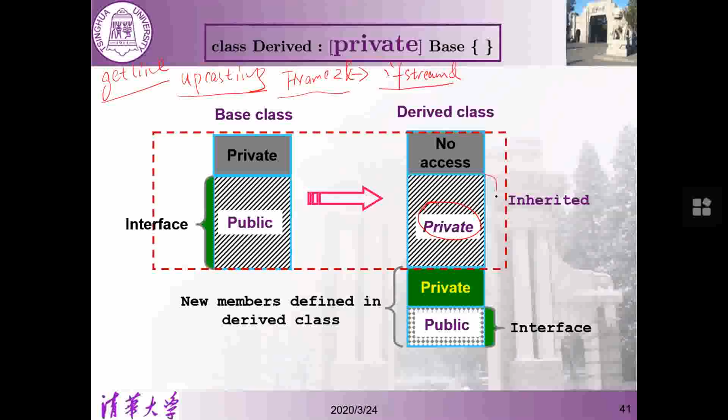So we can never access this part of the interface directly, and also the private part, no access, right? Because we do not have the same interface in the derived version, it does not follow the is-a relationship. So where the base object can be used, the derived object cannot be used. Okay, so this is private inheritance.